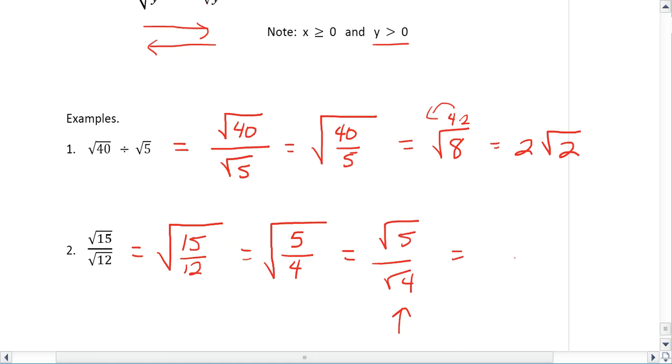When we have a perfect square in the denominator, our work is done. This is completely simplified because the square root of 4 is 2. There's no perfect squares left to take out of the 5, and my denominator does not have a radical in it. So example 2, that is the simplified answer.